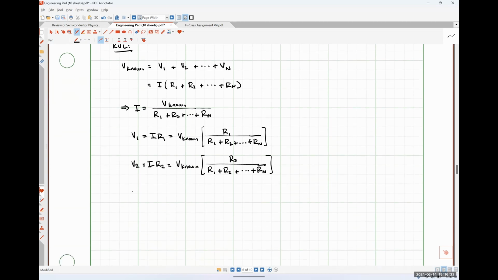And in general, the voltage drop across the kth resistor is just the known voltage times the resistor R sub k, which is just the resistor we're interested in, divided by R1 plus R2 all the way out to Rn. And we could write this as the known voltage times Rk divided by Req, which is just the equivalent resistance of that series connected network.